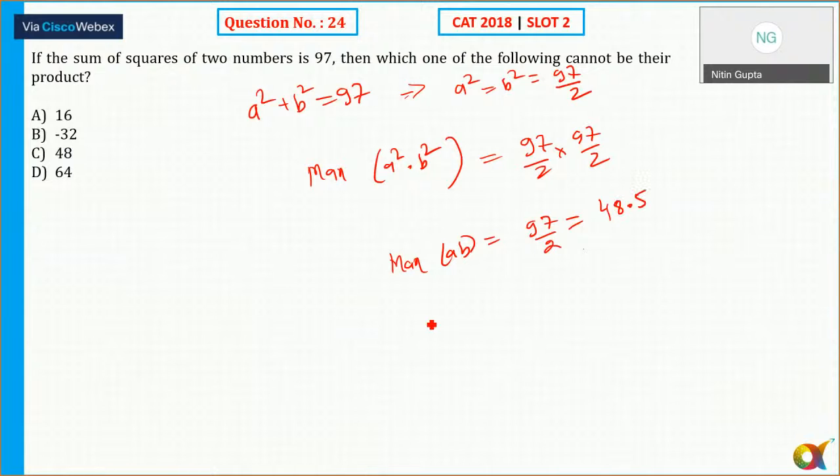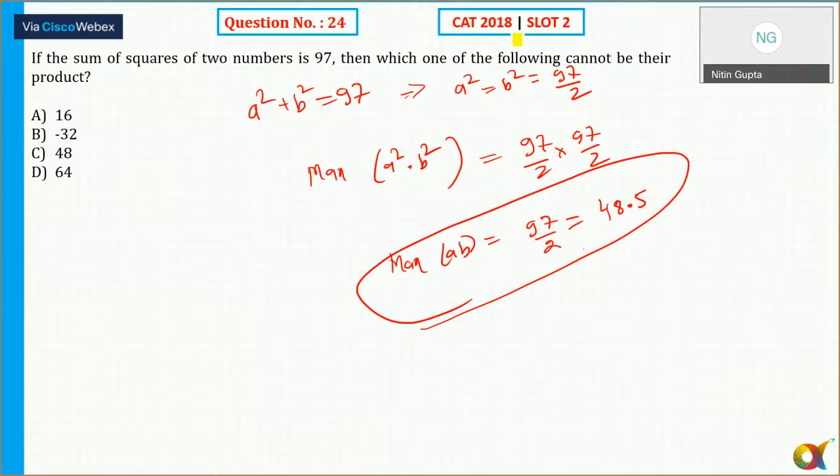So the maximum of A into B is 48.5. So which of the following cannot be the product? The product can never be equal to 64. It is always less than or equal to 48.5. Now tell me if there are any doubts in question number 24. Easy one.